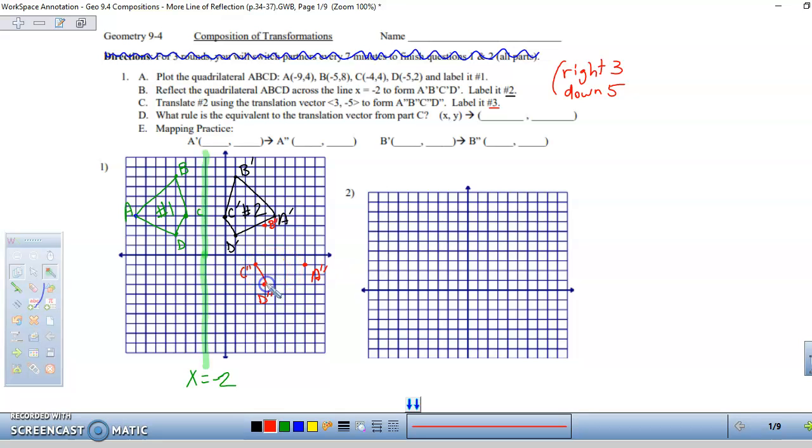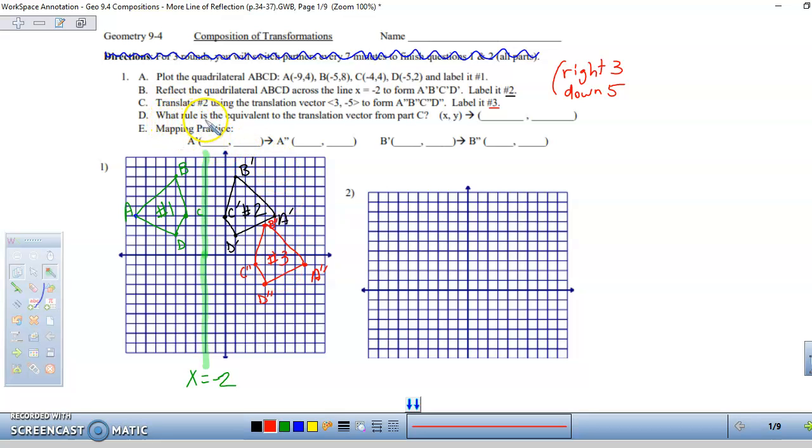Okay, and then connecting all of those. And that would be shape number 3. Okay, with a translation, notice that going from number 2 to number 3 doesn't change the orientation of the shape. You simply slide it over and down.